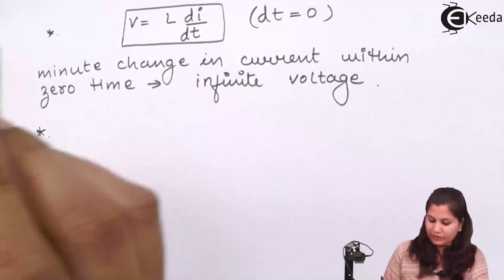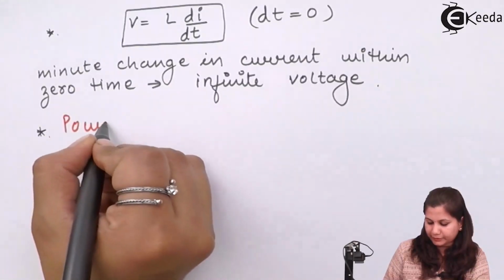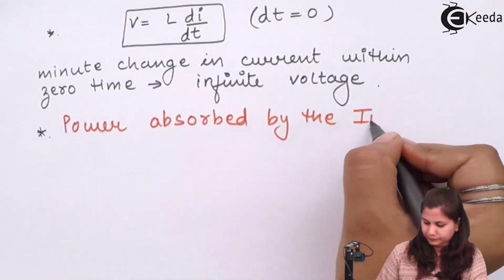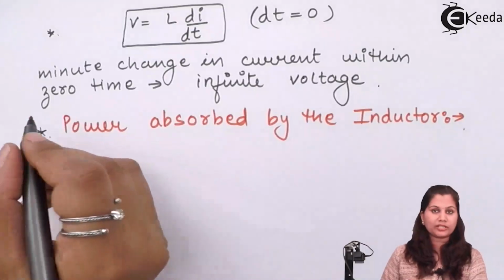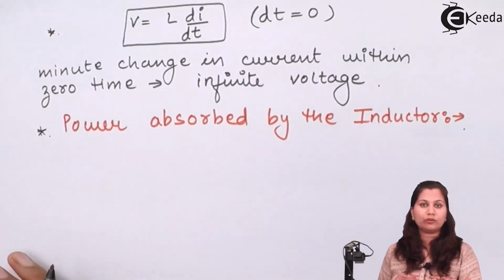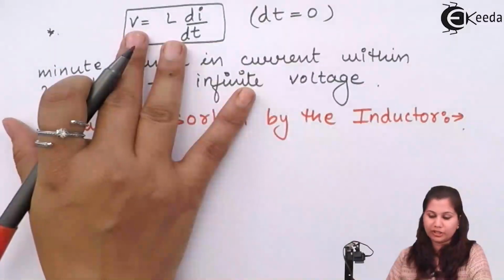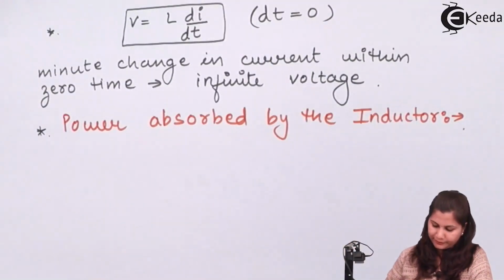So using this equation we can find out the power absorbed by the inductor. Power is defined as voltage into current. We have the value of voltage here from this equation. If we multiply it with the current, we can get the equation for power.